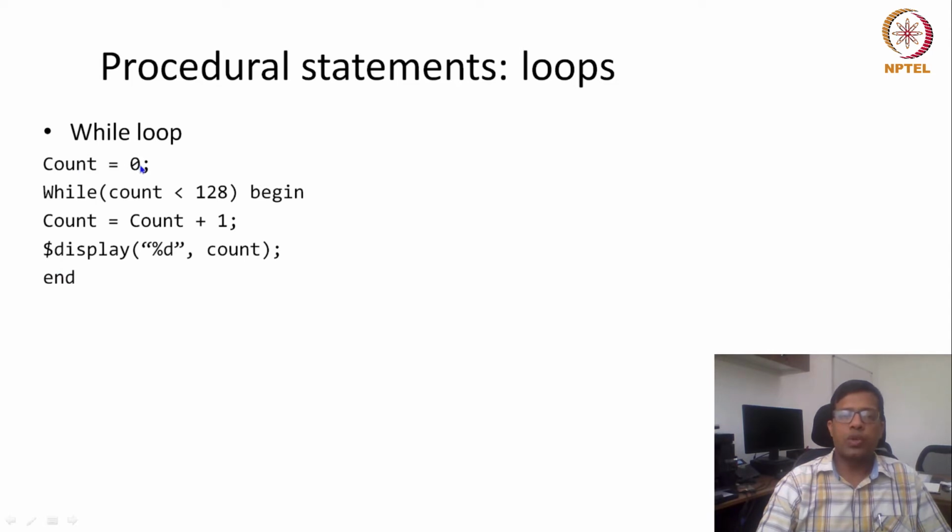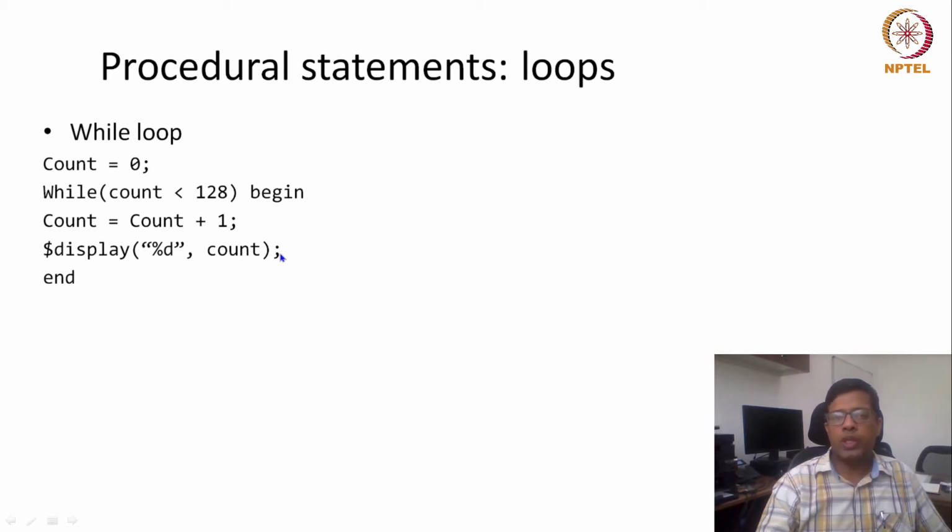If count is 0, meaning we have to initialize it to 0, after that we can have while and then a logical expression. Until this logical expression is 1, you will keep on rotating in this loop. Again, if there is only a single statement, begin and end is not required. But if the number of statements is more than 1, then we have to use begin and end. So here we are saying count equal to count plus 1, and then we are displaying.